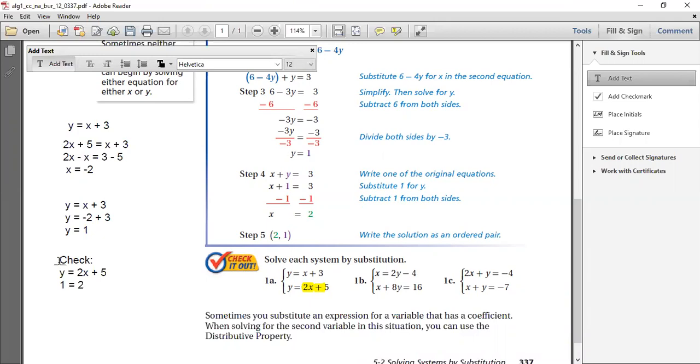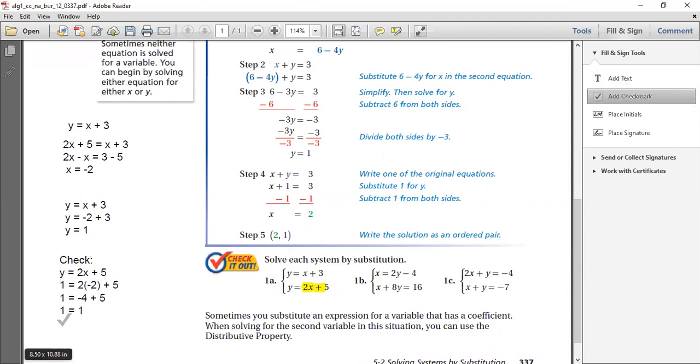Minus 2, plus 5. So 1 equals 2 times negative 2 is negative 4, right? Plus 5. So how much is negative 4 plus 5? It's going to give you 1, which means both sides of our equation have correct answers, right? Which means the answers we got for x and y are correct. So this is how you solve these kinds of equations.